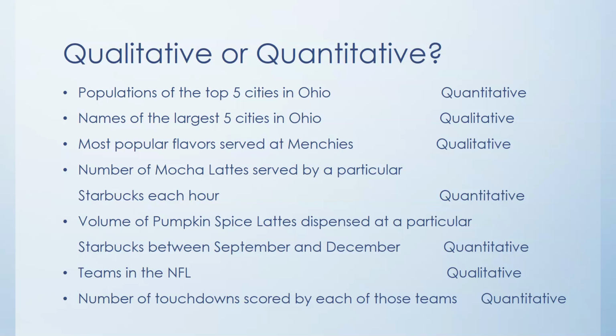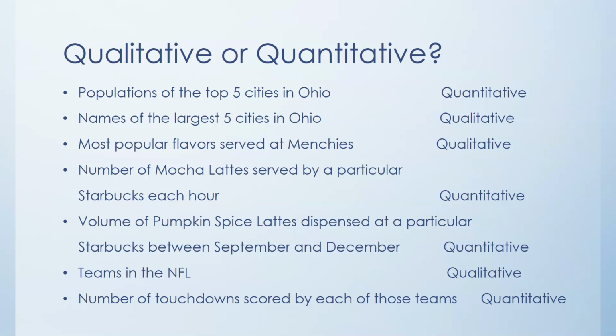If we were to ask people what presidential candidate they're supporting, that would be qualitative categorical. If we were to ask people what kind of car they drive, that would be categorical. If we were to ask people the age of their cars, that would be a quantity. That would be quantitative data.